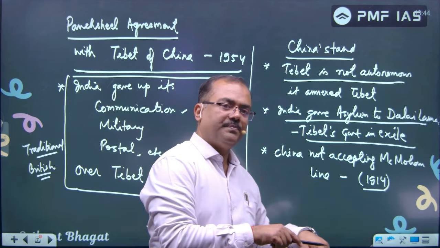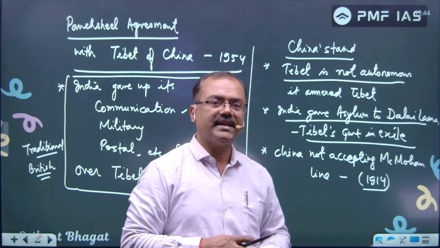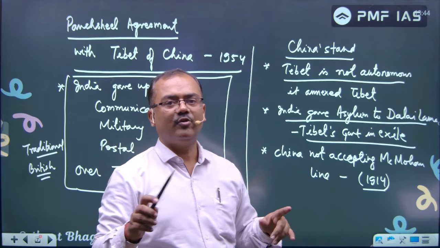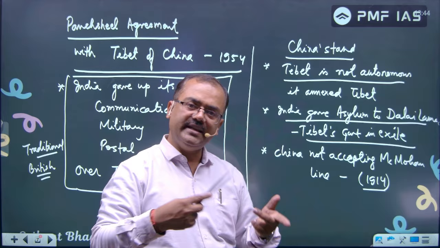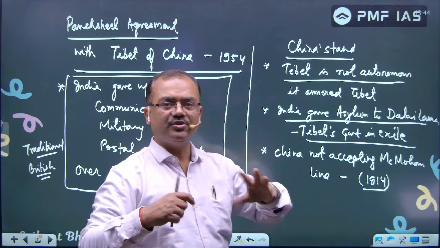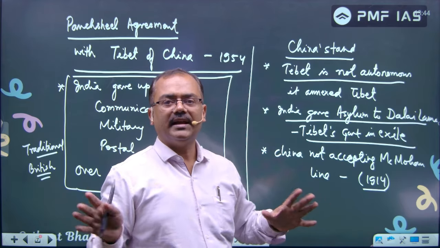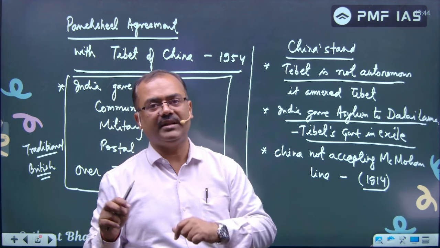Tibet signed the agreement. China did not. China says, no, we don't accept the McMahon line. So the McMahon line allows Aksai Chin as India's part, India's territory. But China says, no, we don't agree, we don't accept. Even Arunachal Pradesh is shown by China as its own territory.